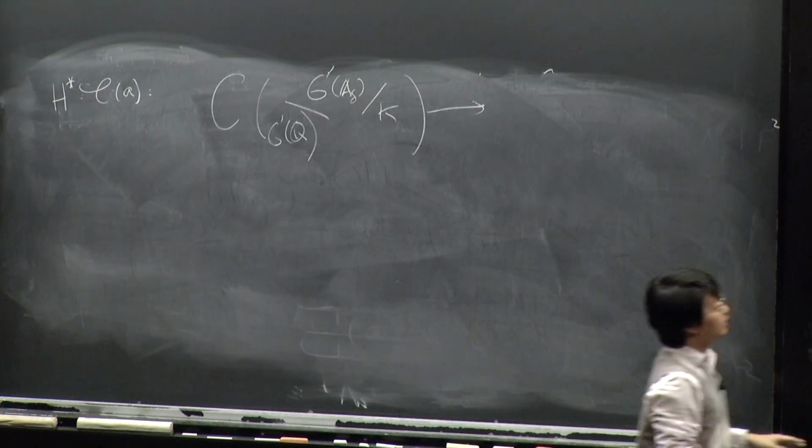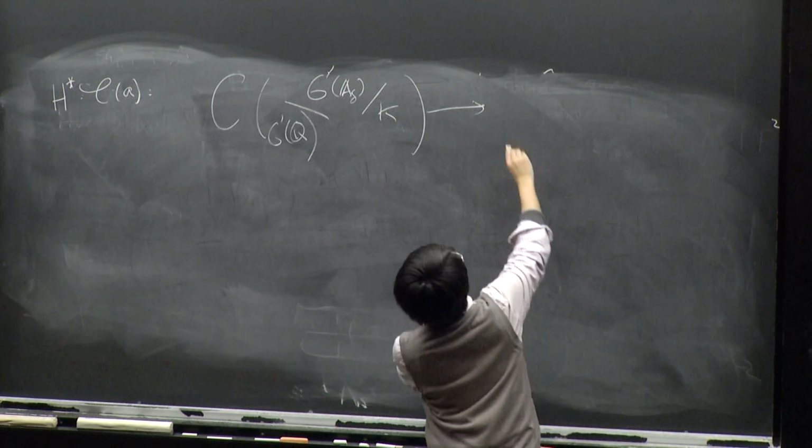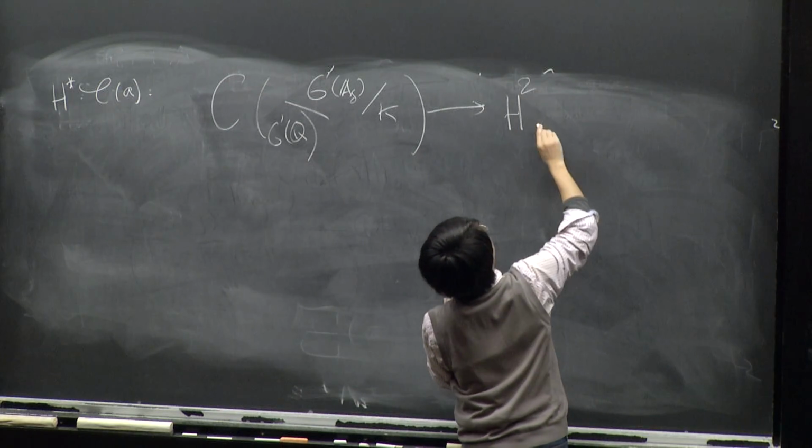And here, this is the cohomology of a bicomodular surface.